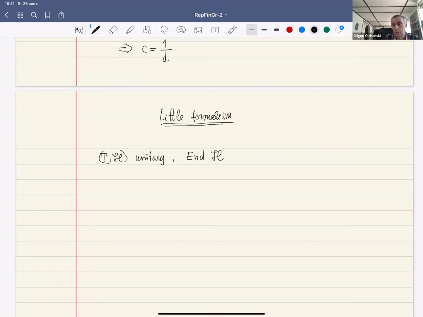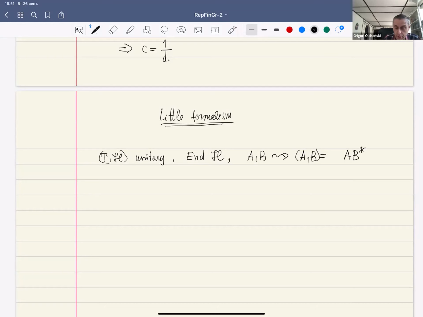If our space H has some dimension, say n, then this is also a linear space of dimension n squared. Okay, so this is obvious. So I want to introduce a scalar product in this space. So for two operators A and B, I define the scalar product as follows. Take the product A, B star. Star means taking the adjoint operator.